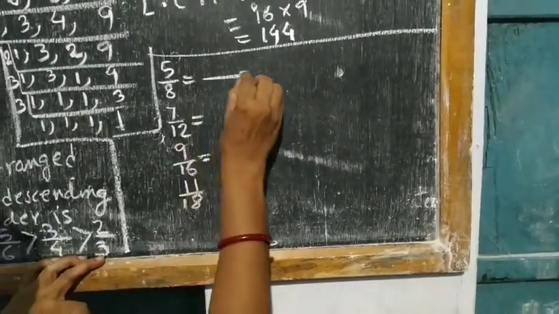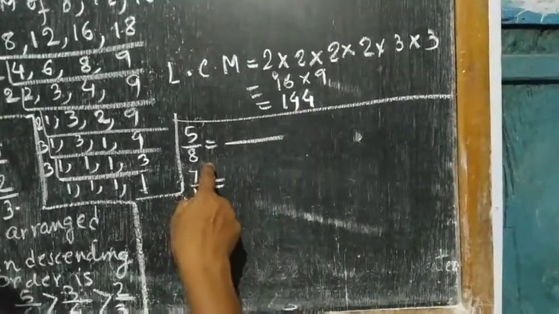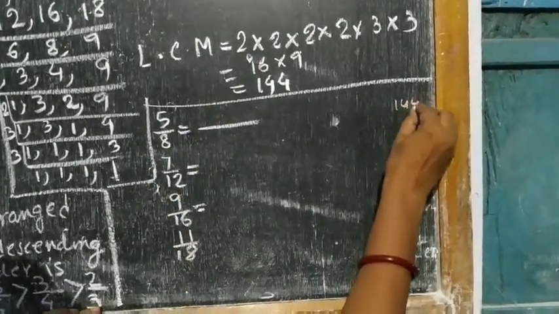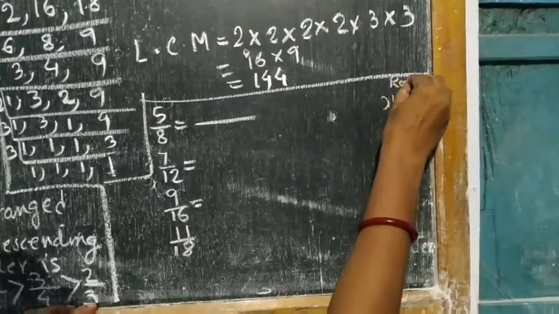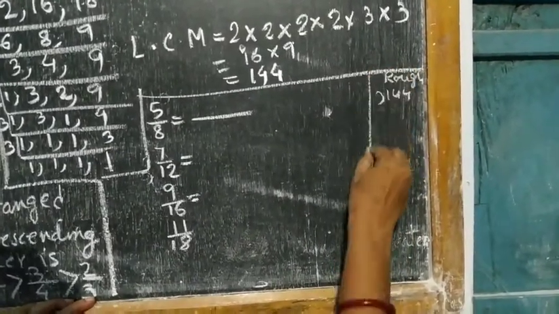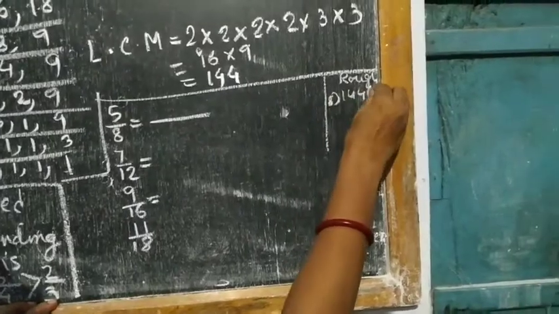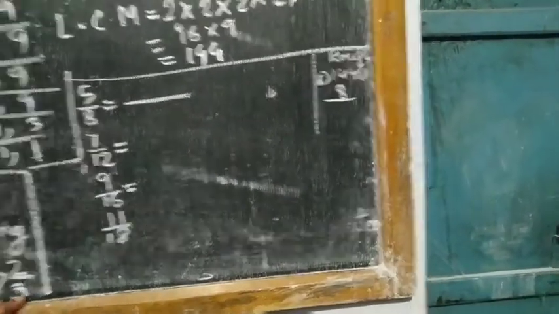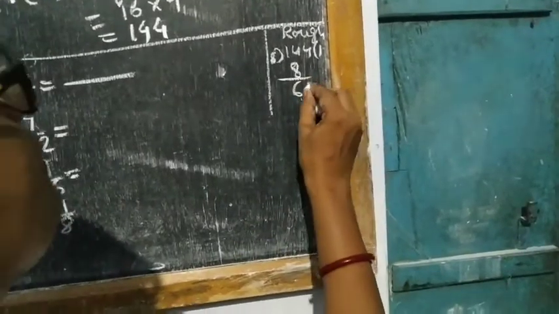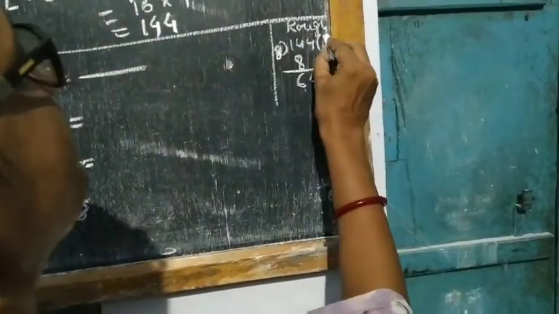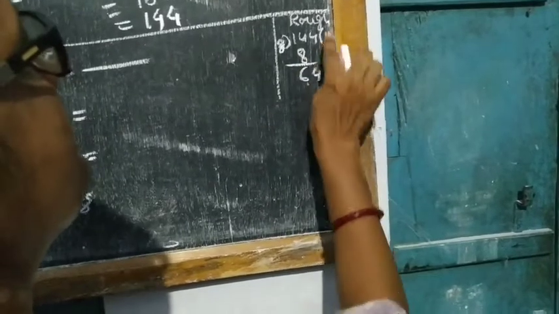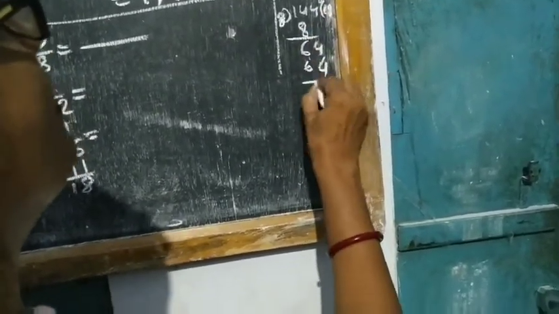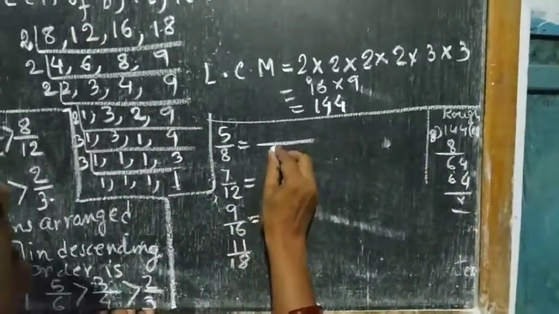So by which number do you have to multiply so that you get 144? One thing you can do, children, you can divide 144 by 8 in the rough. So 8 ones are 8. So 14 minus 8, 6. So 8 8s are 64. So you have to multiply it by 18.